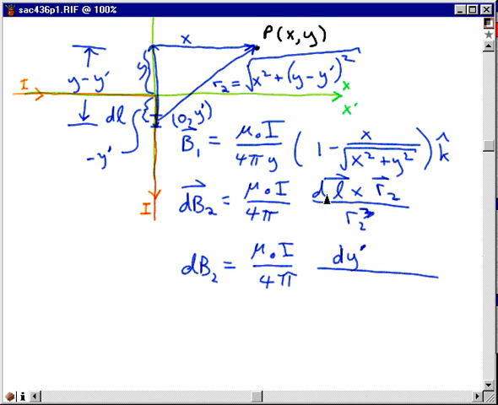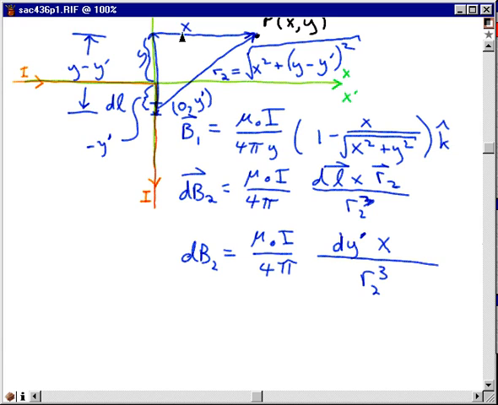And then conceptually I understand that this dl crossed into R is one vector, in magnitude anyway, times the component of the other vector that is perpendicular to the first vector. Well, in our case, the component of this R vector that is perpendicular to dl is the x. So I'll just call that x, and then over the R2 cubed, and then with x being a positive value, we are over to the right, and dy prime I understand is a step in the negative y direction, so it's negative.